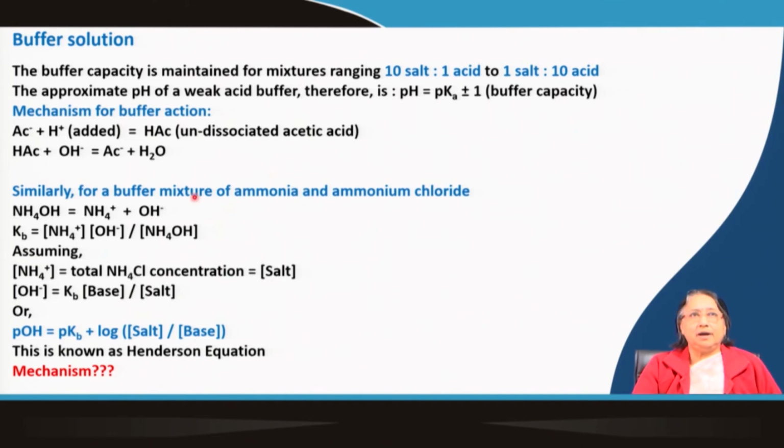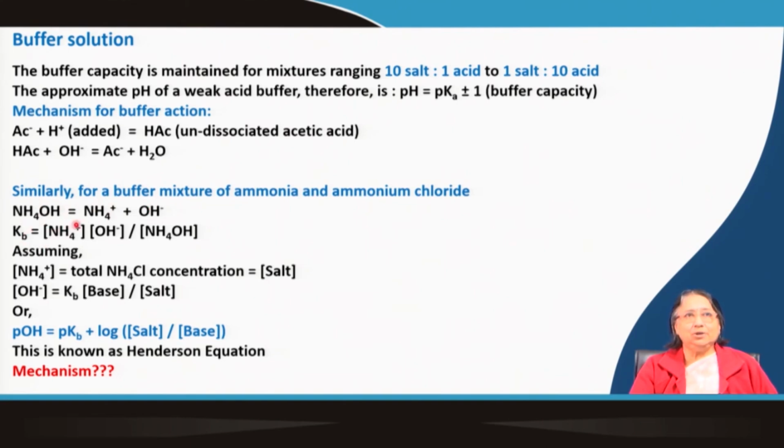Similarly, for an alkaline buffer mixture, I have taken the simple example ammonia and ammonium chloride. We can tell that ammonium hydroxide will be dissociated, it is a weakly basic solution. So, it will be dissociated into ammonium ion and OH minus ion. So, we have to consider Kb in this case.